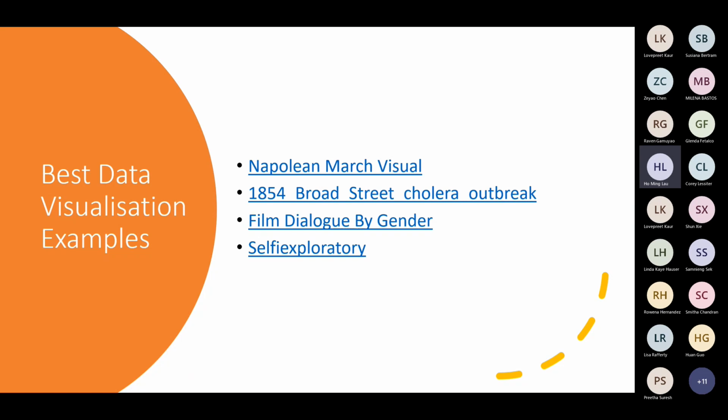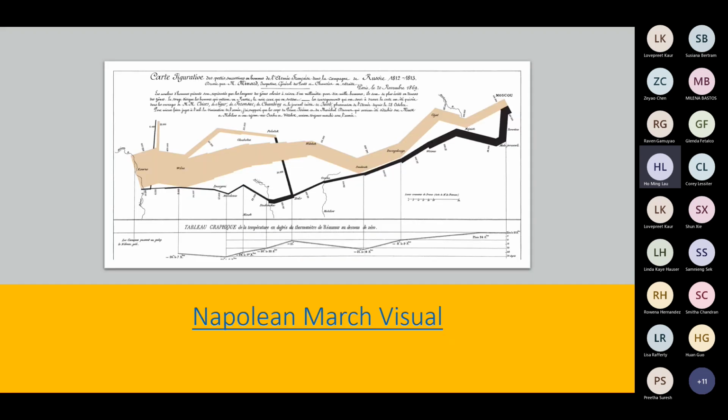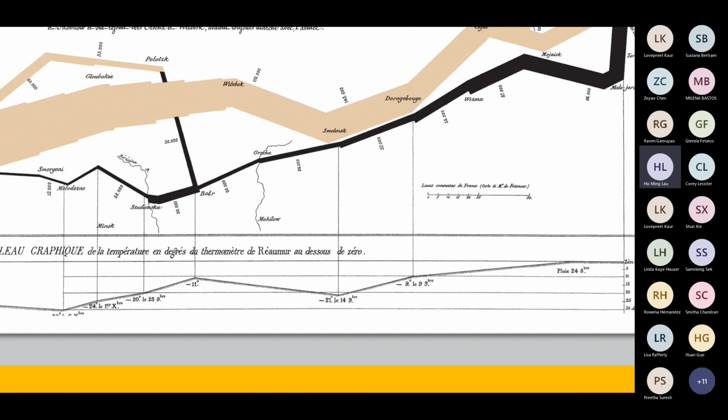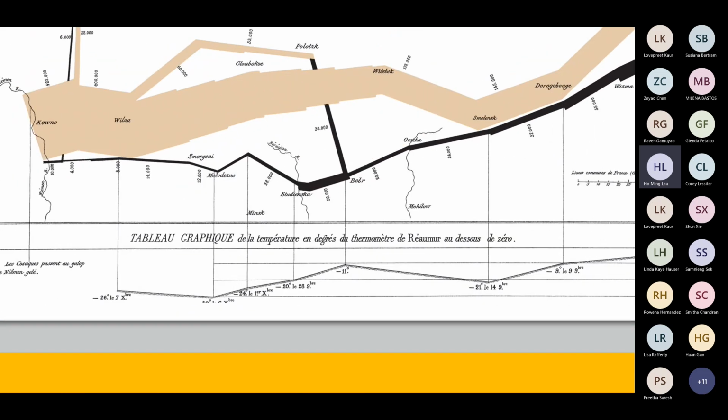So first we will look at the Napoleon March visual. This is the visual that was done, and if we look closely, in 1812, I'll just increase the size, this is the Napoleon march to Moscow in order to conquer the city.